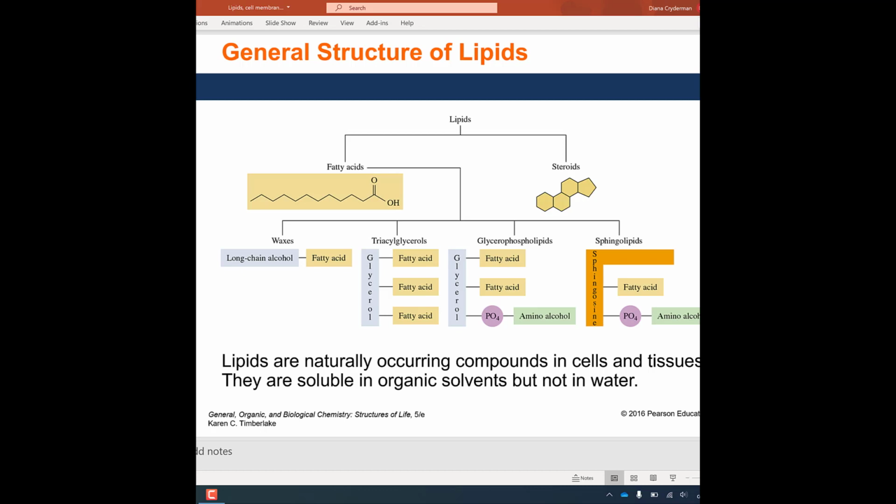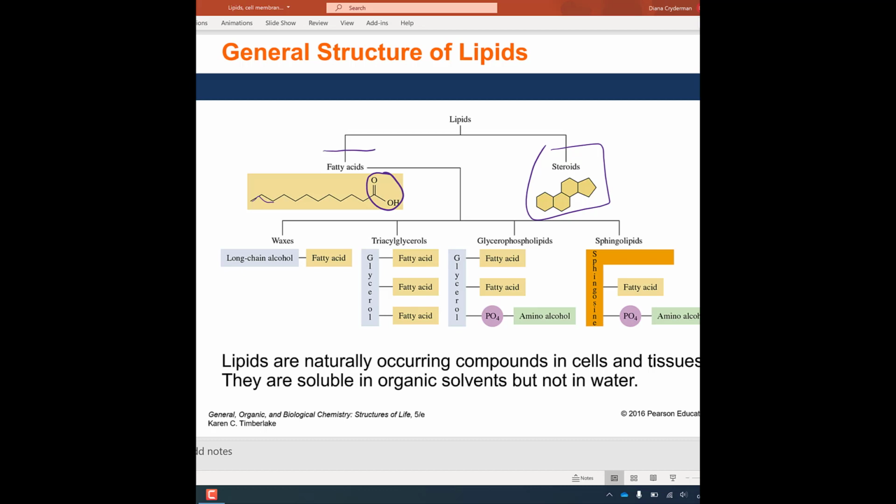We'll look at them in terms of either having a fatty acid component or being a steroid nucleus. They are both considered lipids, but the majority of these items are made up of something that looks like a fatty acid, with a carbon backbone and a carboxylic acid tail, a functional group.